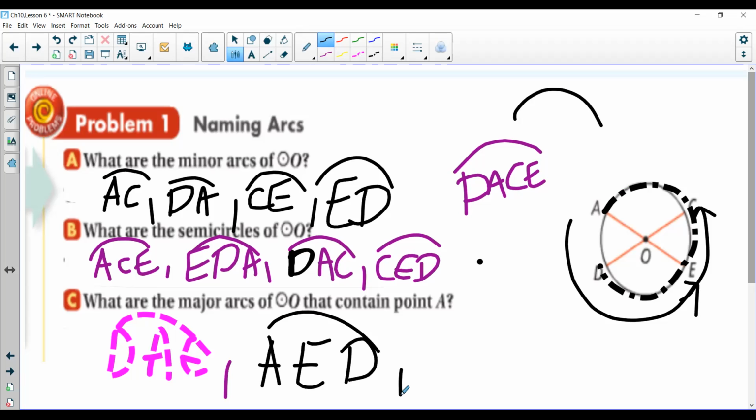So AED, DAE. What's also? AED and DEA, they are the same.